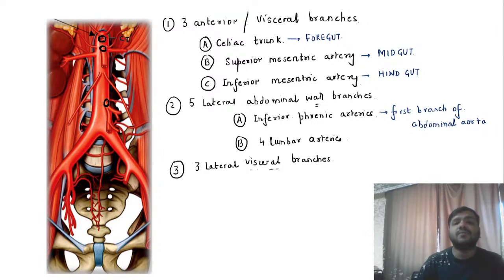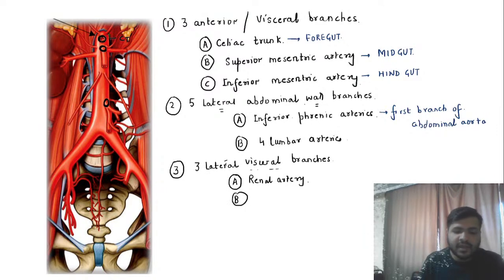So these both are lateral only. One is supplying the abdominal wall, the other is supplying the organs. And which organs? I have already discussed the renal artery, which gets a direct branch from the abdominal aorta.